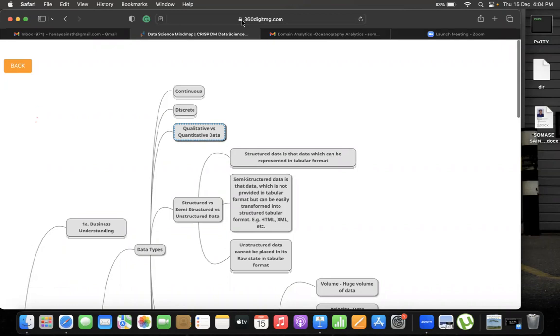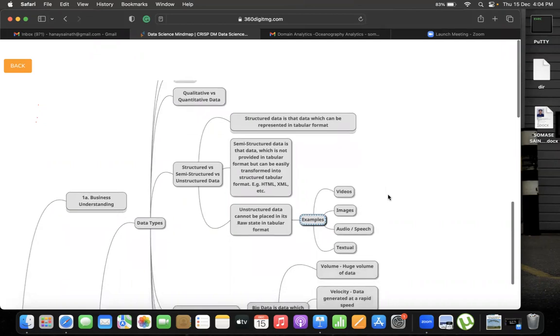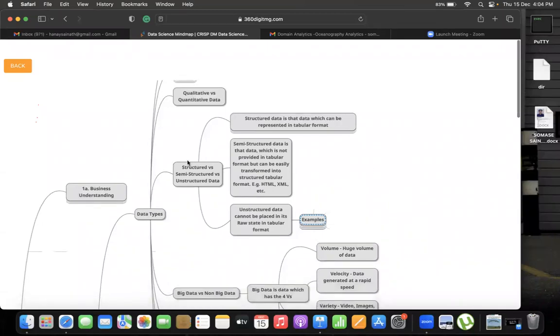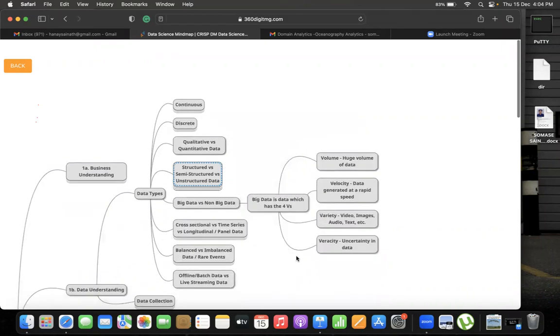For example, HTML or XML. Then we have examples for the unstructured data, which cannot be placed in a raw state or in the tabular format. They are videos, images, audios, and textual data. So this was about the structure.